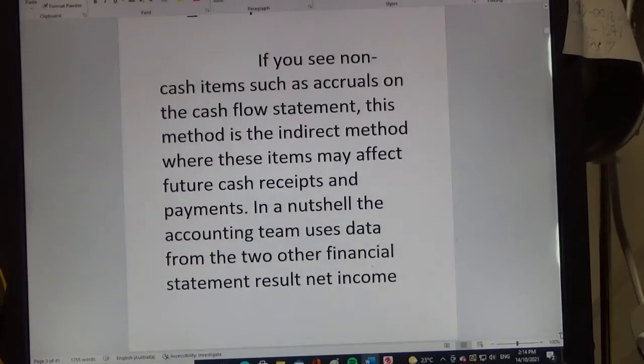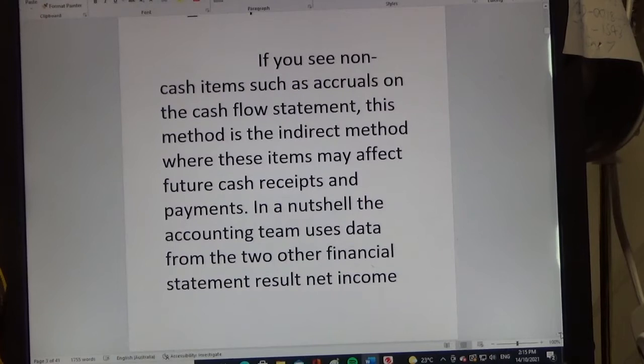And there's two methods of calculating the cash flow statement. Direct, which is direct, tangible, palpable cash movements. Every single transaction, every single receipt, every single payment has to be measured, recorded, and put into the cash flow statement.